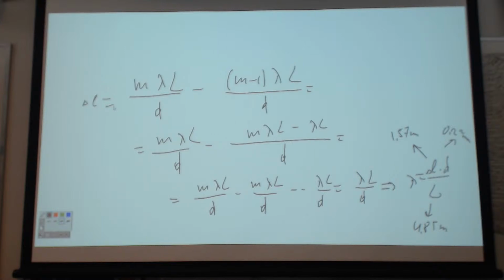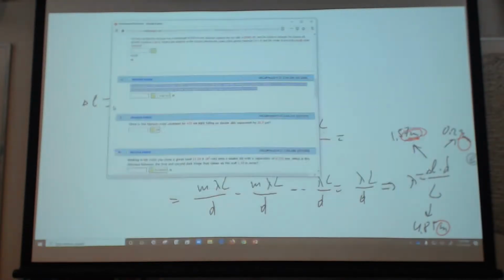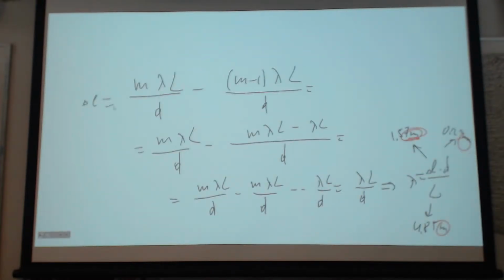You have to convert all of them to the same units, probably meters. Your answer is supposed to be in meters, so you need to convert everything to meters and just calculate.